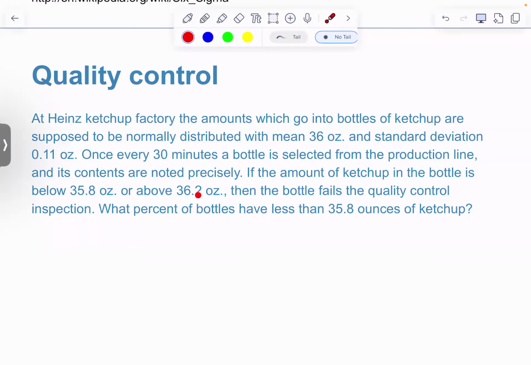On the opposite end of the problem spectrum, anything above 36.2 ounces, which is what they've determined, is you're overfilling these bottles, right? And so you're putting out more product, but you're not charging more. So then as a company, you're losing money, right? And so we've got these kind of limits, underfilled, overfilled.